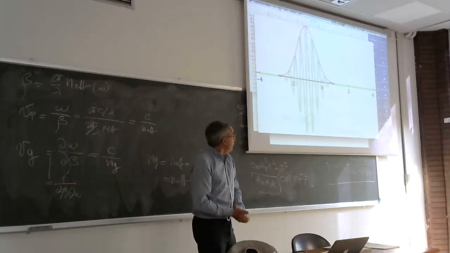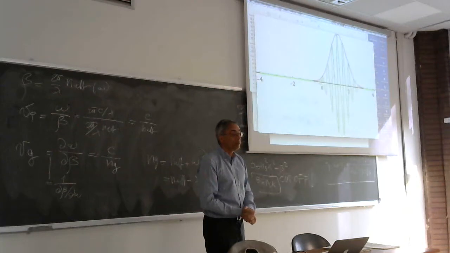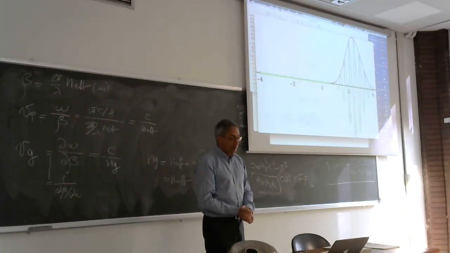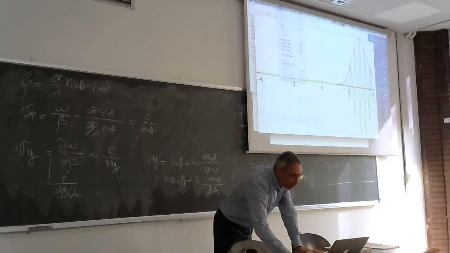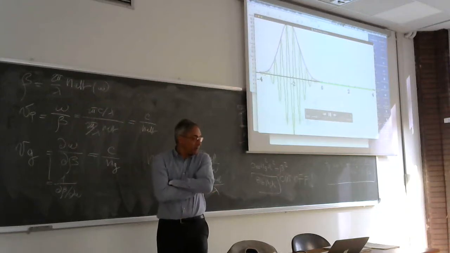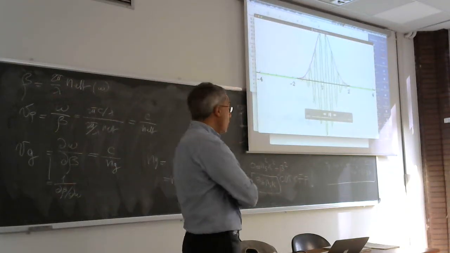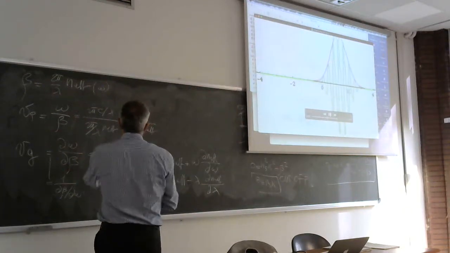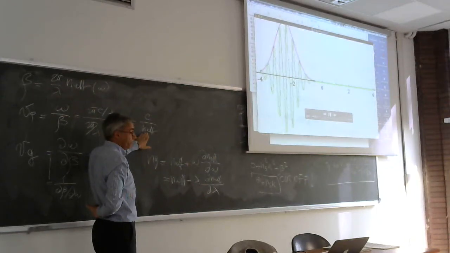And this is an animation of the phase velocity and the group velocity. So this is a pulse that propagates along a structure whose effective refractive index depends on the frequency.